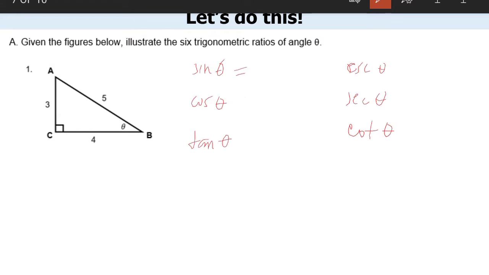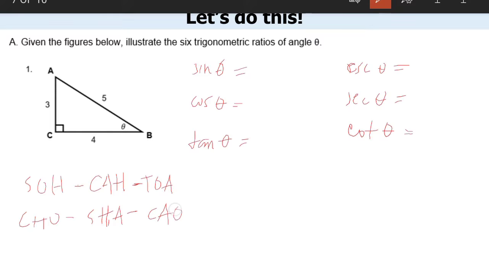So to write the ratio of these 6 trigonometric ratios, remember SOHCAHTOA for the basic trigonometric functions, and then CHO, SHA, COW. Okay, just remember these acronyms.